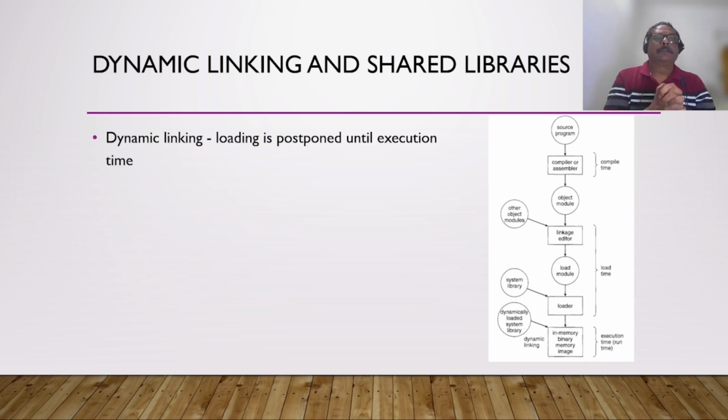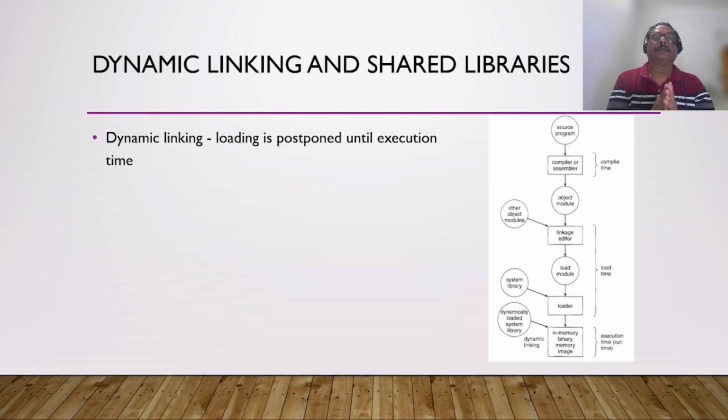So dynamic linking means loading is postponed until the execution time. So we don't load the part of the code onto the main memory until we are actually executing it. When we are executing it, then we really understand which component is to be loaded. So we can load only that particular component which is required for the current situation.